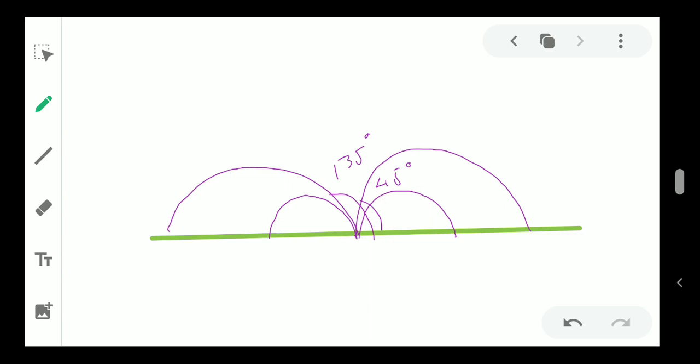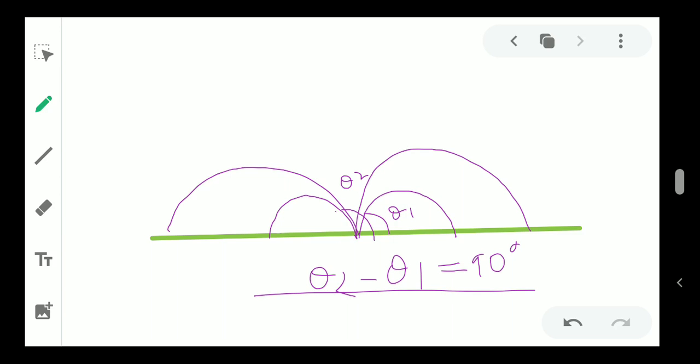But if you throw with a smaller angle, let's say this is theta 1 and this one is my theta 2, one thing is very clear, that theta 2 minus theta 1 will be 90 degree when my range in both cases will be the same.